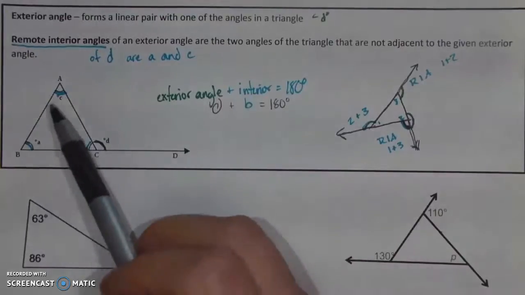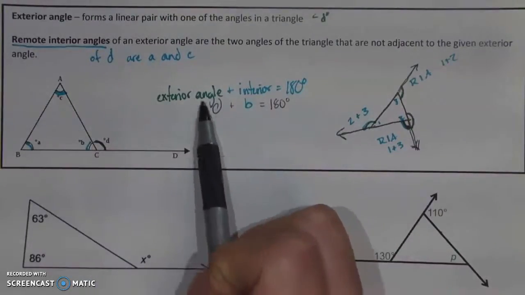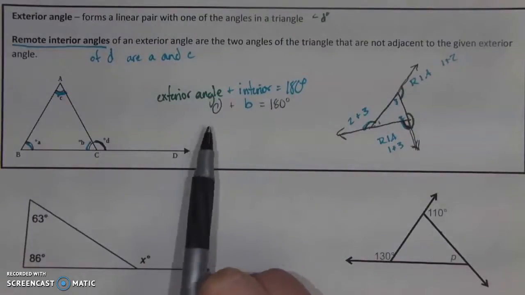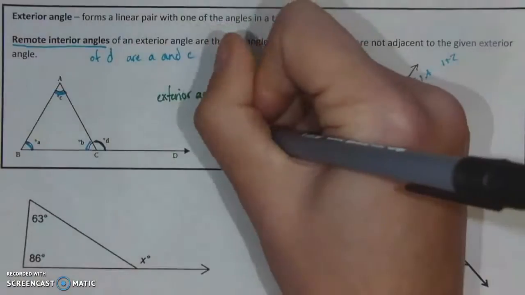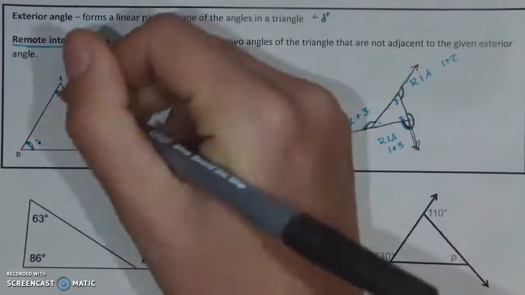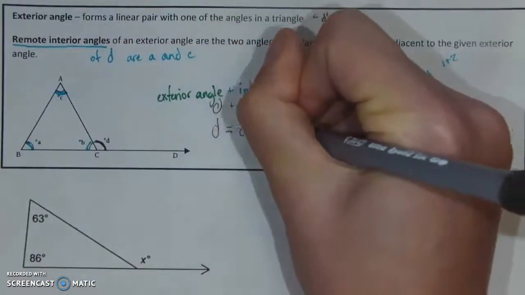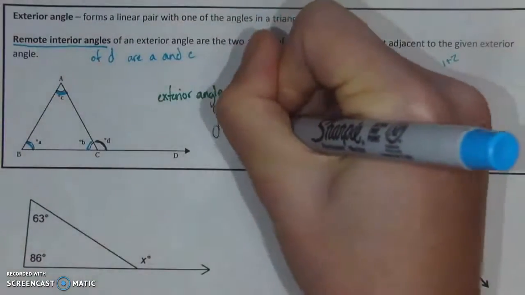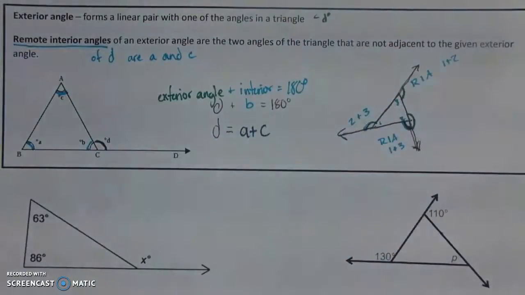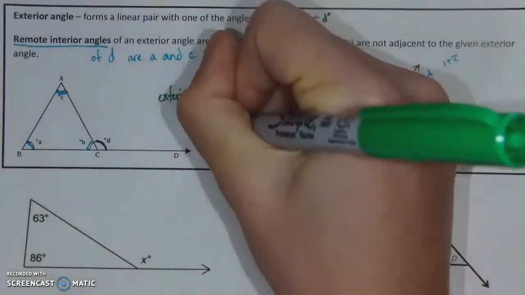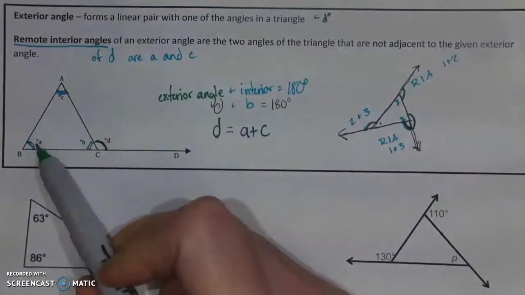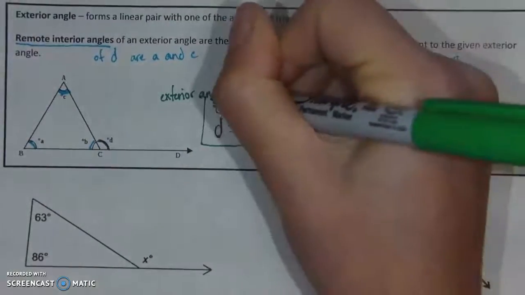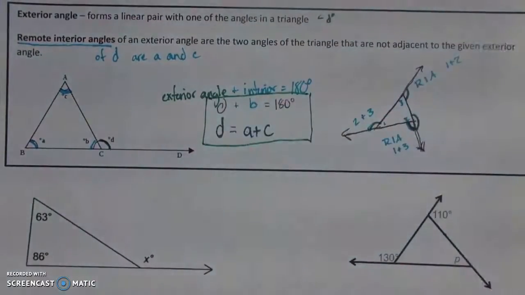So that means that A and C together would have to be equal to D. So what I could actually say is that my exterior angle D is going to be equal to the sum of my remote interior angles. So your exterior angle is always equal to the sum of your remote interior angles. And that's where we get the D is equal to A plus C formula. So those are going to be the two formulas you use with exterior angles.